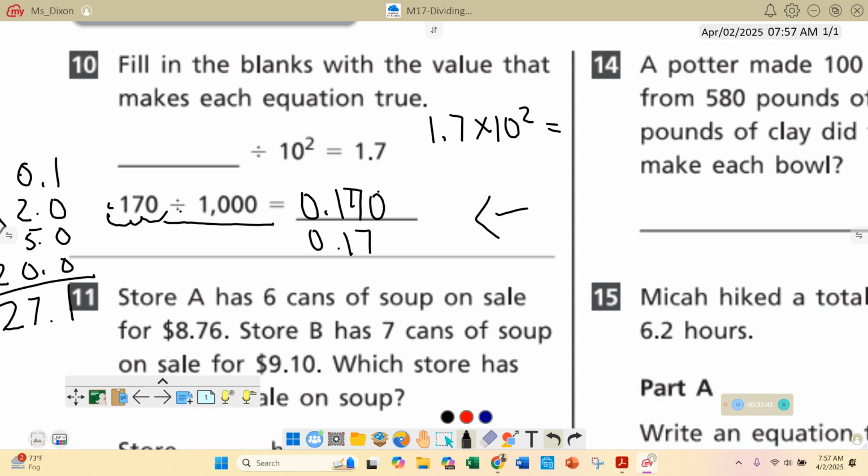So that means we are multiplying by a whole number. When you multiply by a whole number, you sing the whole Cupid Shuffle beginning. To the right, to the right, to the right, to the right. So our decimal is going to move to the right 2 places. So that's 1, 2. You can't jump nothing, so you have to put a 0. So your answer ends up being 170.